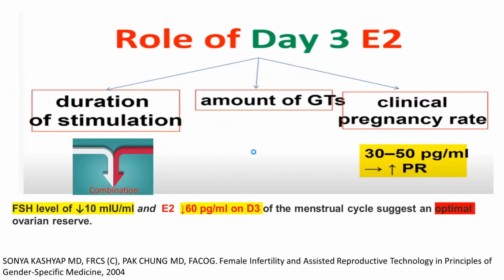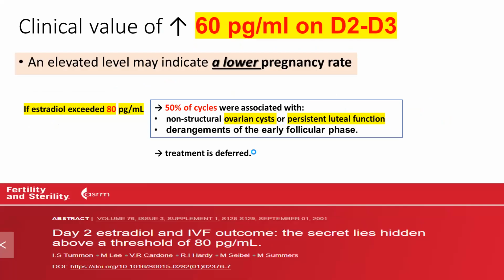If it is between 30 and 50 picogram per milliliter, this would suggest a high pregnancy rate. Also, the level of estradiol at the beginning of the menstrual cycle can suggest the amount of gonadotrophins used for induction of ovulation and the duration of stimulation. But if it is more than 60, you have to stop, because this may be associated with a lower pregnancy rate.